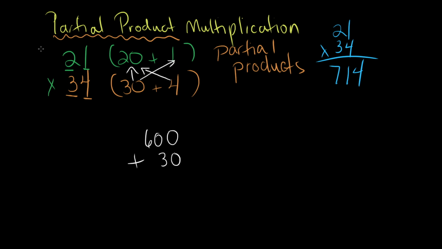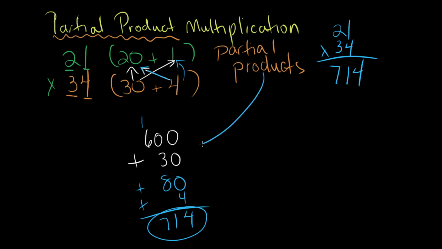Let me get a different color. We're going to do 4 times 20. Well, that's 80. And then we're going to do 4 times 1. That's 4, which gives us an answer of 714. So these, excuse me with my language earlier, these are the partial products, okay?